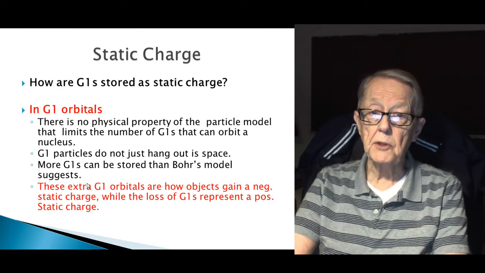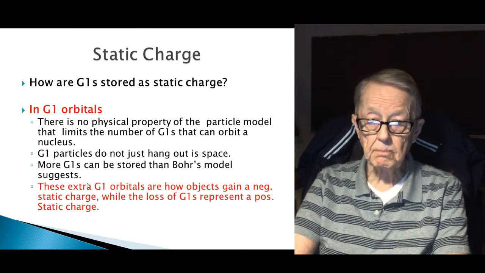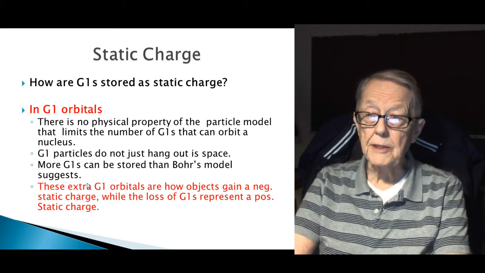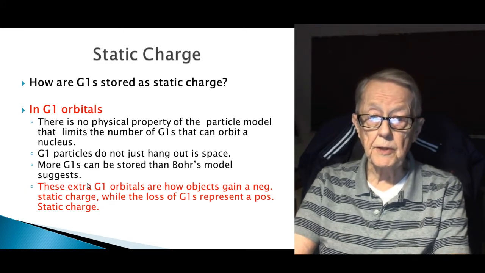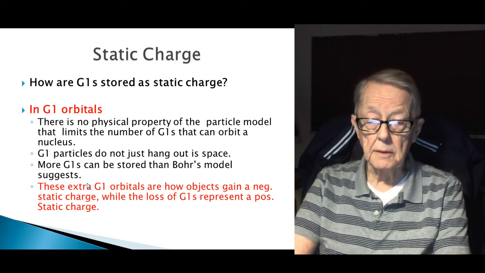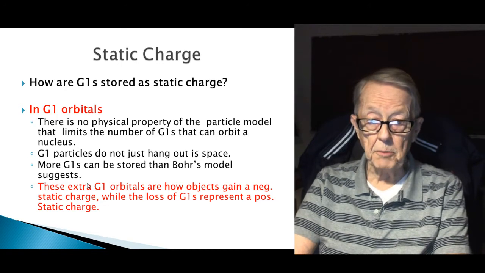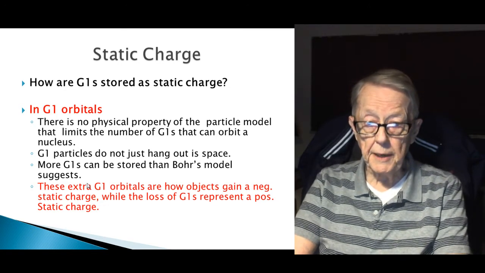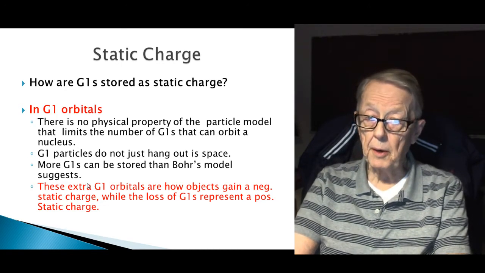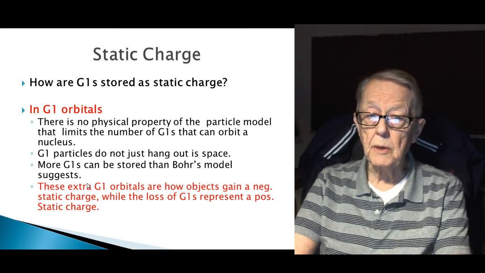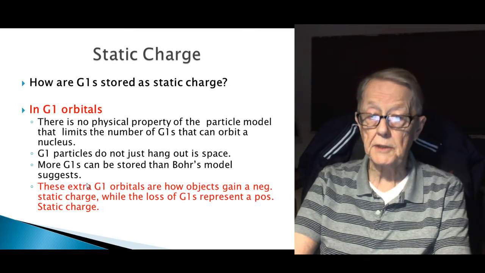Static charge. How are G1 stored as a static charge? They're stored in G1 orbitals. There is no physical property of the particle model that limits the number of G1s that can orbit the nucleus. And of course, again, particles just don't hang out in space. And so the particle model can have more G1s stored in the atom than the Bohr model suggests.